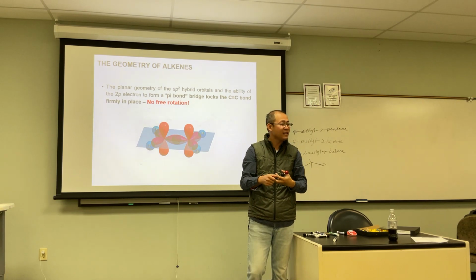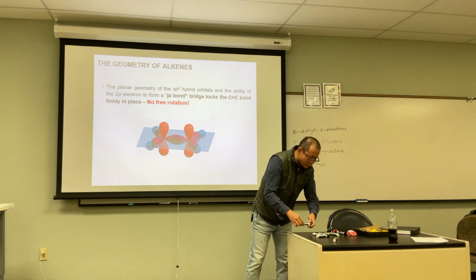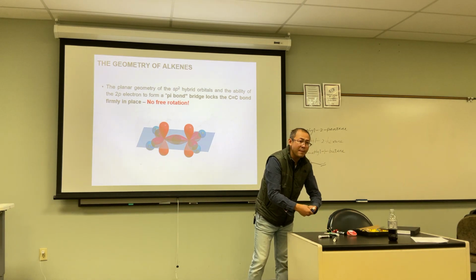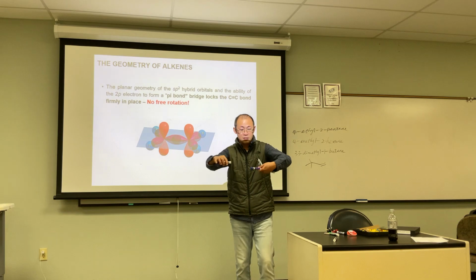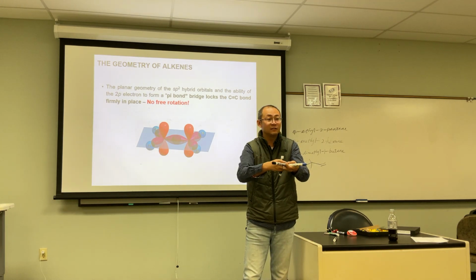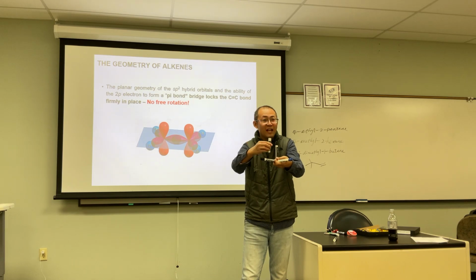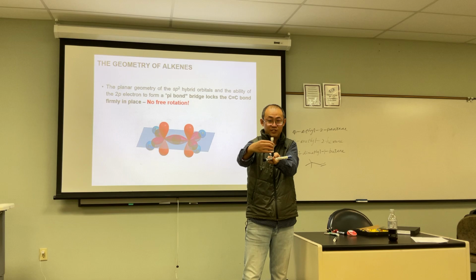Now you may wonder why the rotation is limited. If you recall, a double bond consists of what? A sigma and a pi bond. What is a pi bond? Like this. Think about the pi bond. The overlap has to be parallel. What does parallel mean? Straight, side by side.